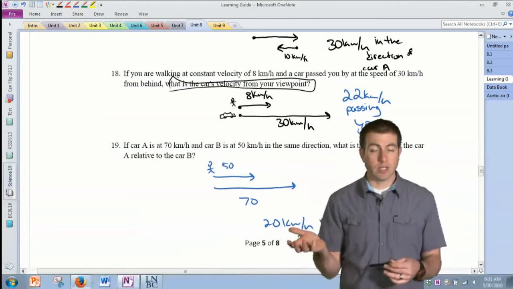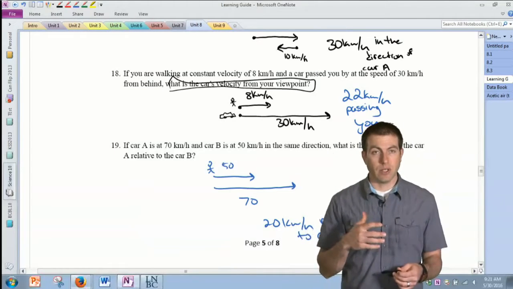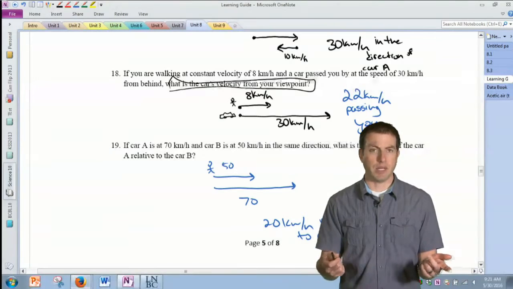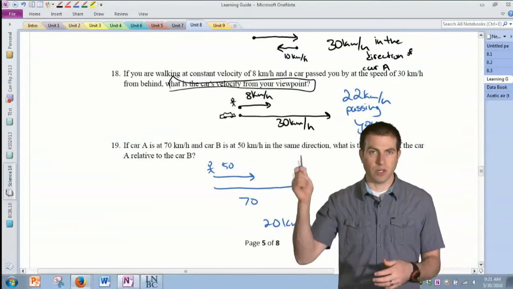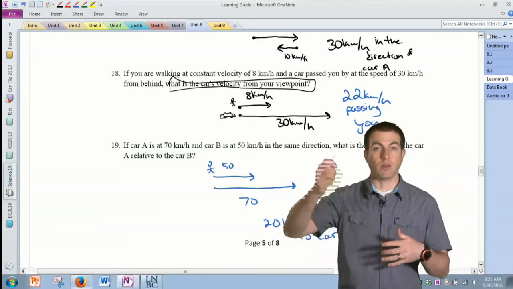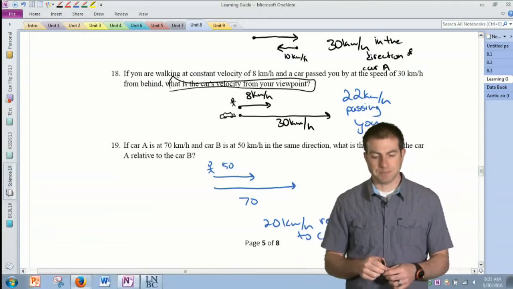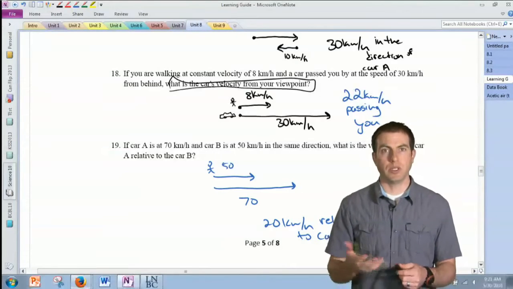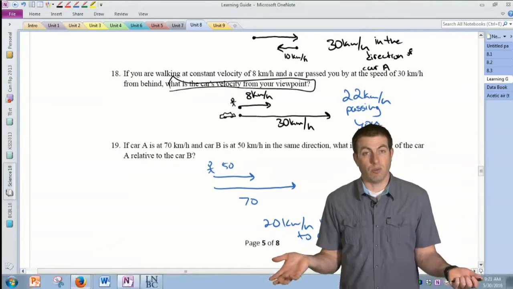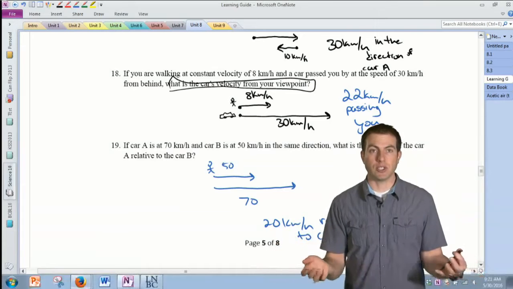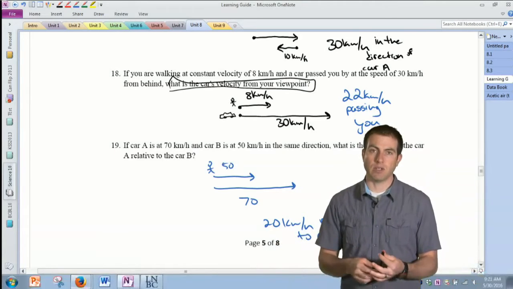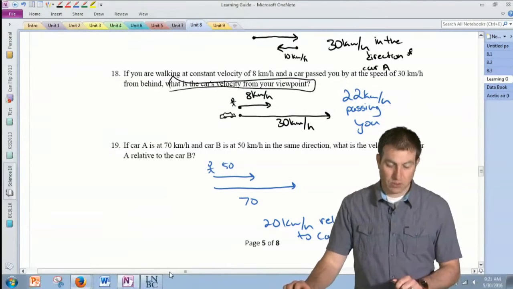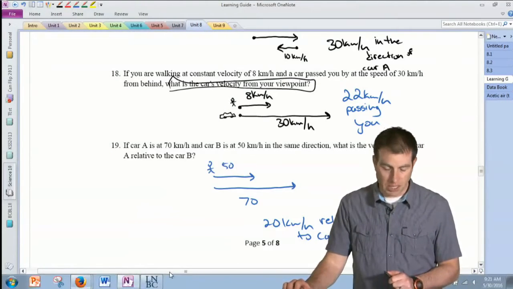If your answer is giving you a negative, then that means you're going the opposite direction that was originally happening, but you don't know what that direction is. You don't know if you're going now south and everything in the question was going north. So given a question like this, you can't be really specific with your answer just because you don't know. You don't have to make up a direction. You can only use the information you're given in the question. So you don't have to get too carried away with direction. If no direction's given, then you can't just make it up.